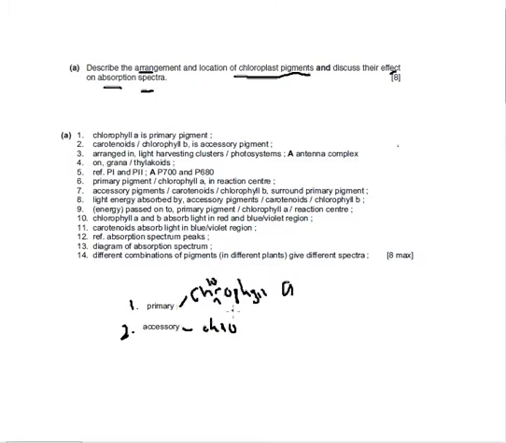Okay, we have chlorophyll B, okay, and also we have carotenoids. These are the pigments. So first, as we are supposed to give the arrangement and the location of chloroplast pigments, the first thing we are supposed to do is to mention the types. Okay, so we already mentioned the types.